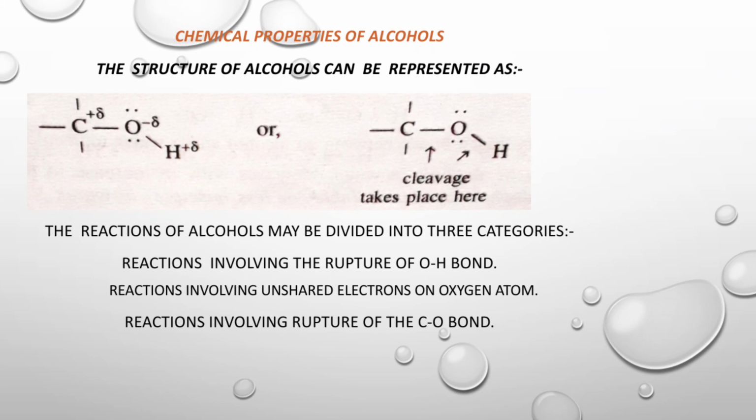The reactions of alcohols may be divided into the following three categories: reactions involving the rupture of the oxygen-hydrogen bond, reactions involving unshared electrons of the oxygen atom, and number 3, reactions involving rupture of the carbon-oxygen bond.